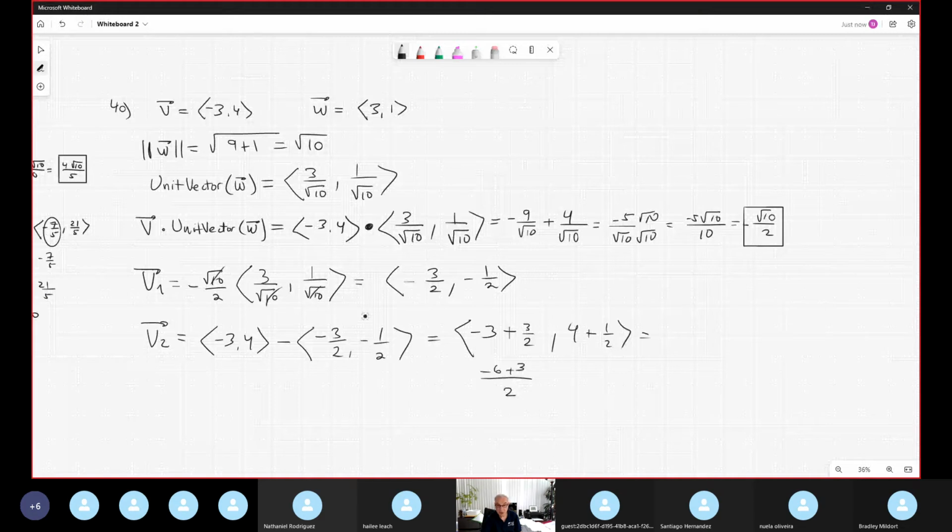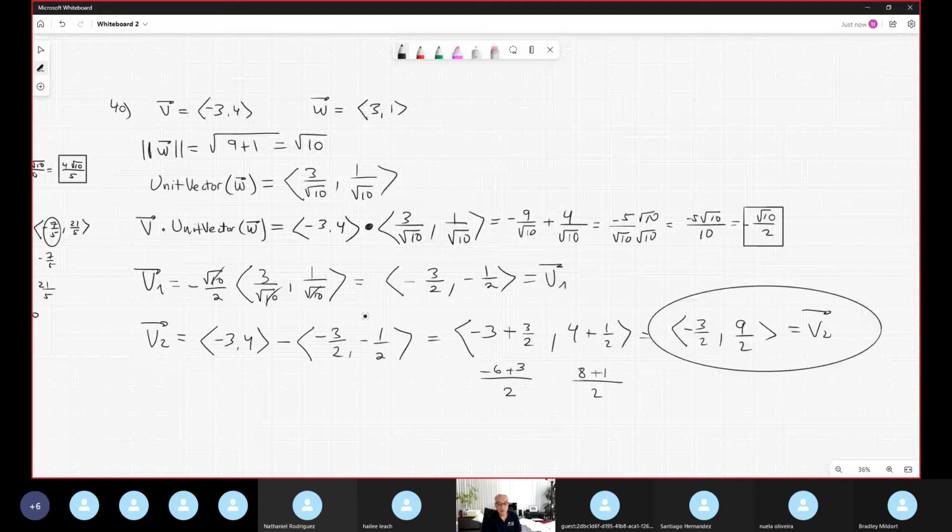So negative 3/2, comma something, and with LCD 2, this is 8 plus 1 is 9. 9 over 2 is positive, no? And this is B2. B2 and B1. Decompose. Right? Super, fantastic or no?